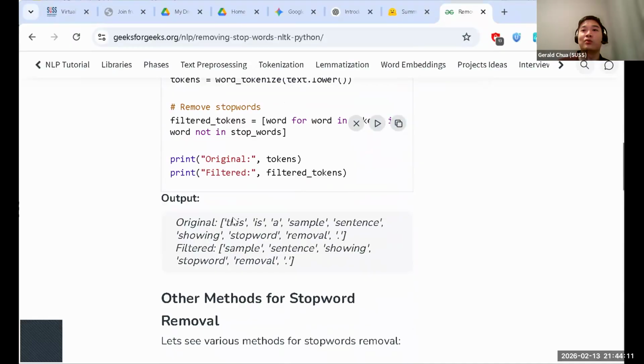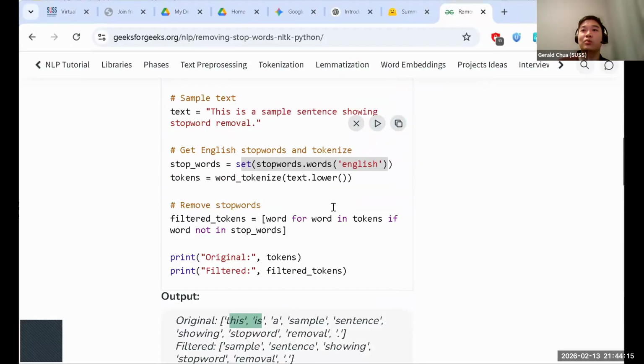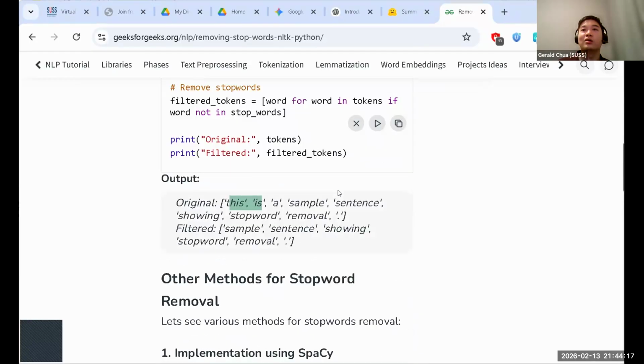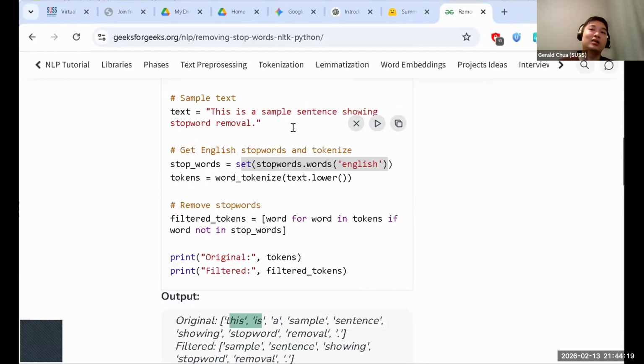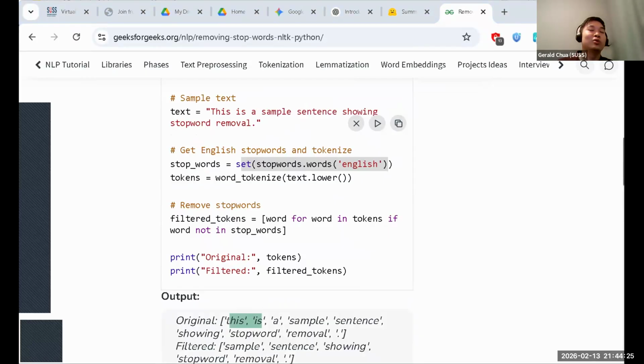I can print it out, but I can remove this kind of common words. But if it's very domain specific, then you may need to create the dictionary on your own to remove the words. So there'll be a lot of manual cleaning that you need to do. Does that help you?